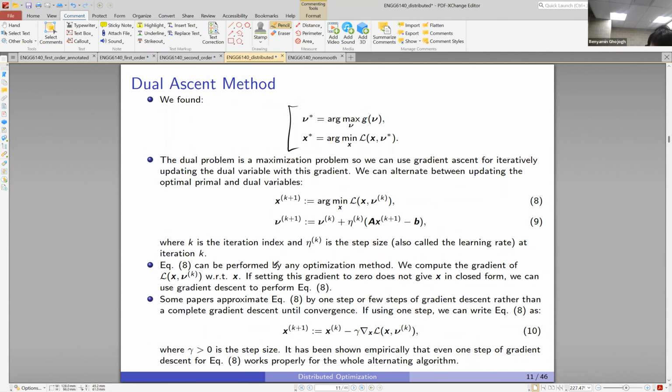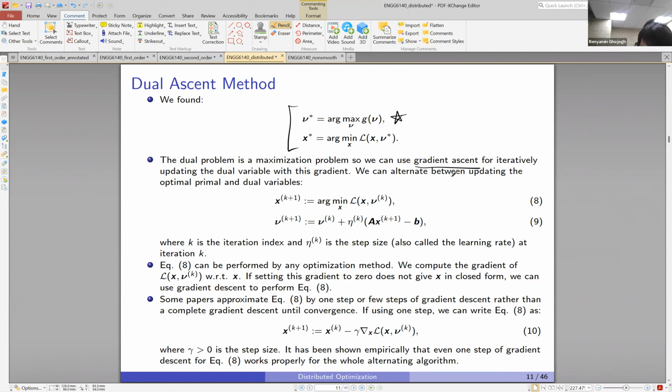So we can use gradient ascent for iteratively updating the dual variable with this gradient, right? We can solve this with any optimization algorithm such as gradient ascent, because as it is maximization, we need to do gradient ascent rather than gradient descent, right?